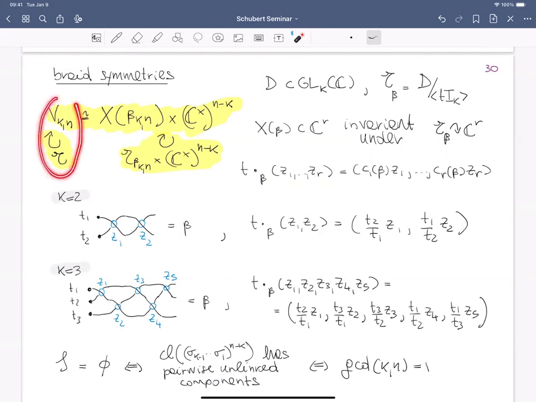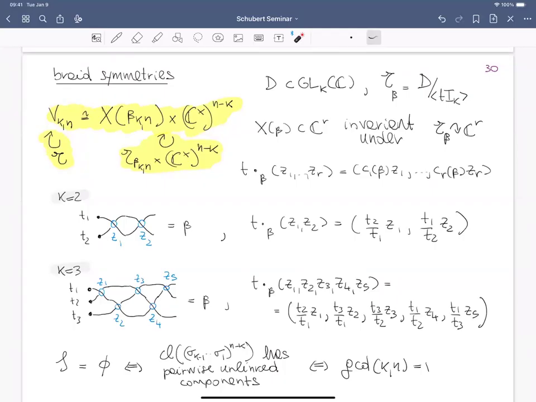So the torus action that we were talking about earlier is isomorphic, in the sense that there is an equivariant isomorphism, to the one given by a different torus action times a torus that acts on itself on the right. And this torus action is defined in terms of the braid, and it's defined like this.